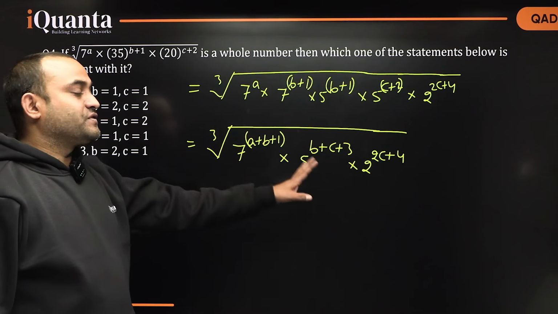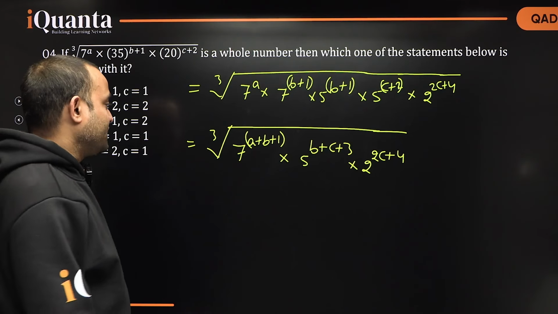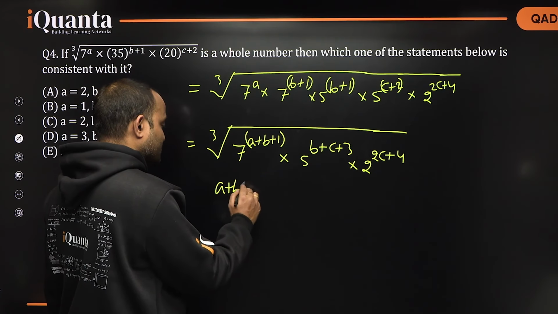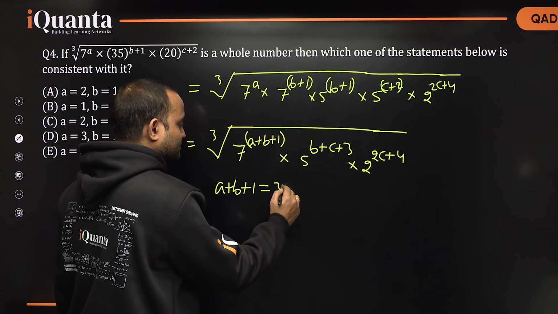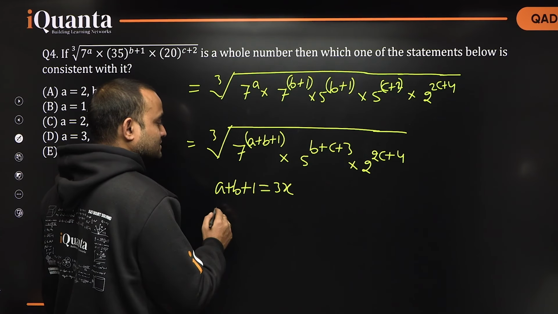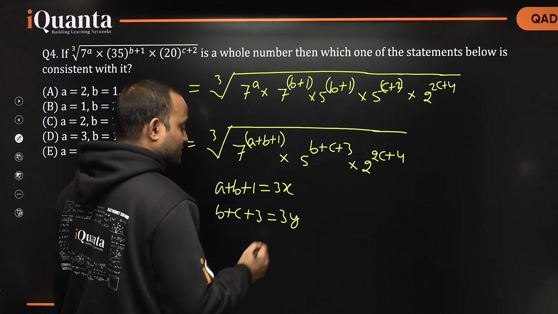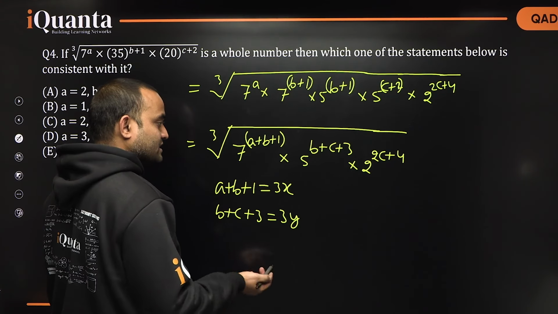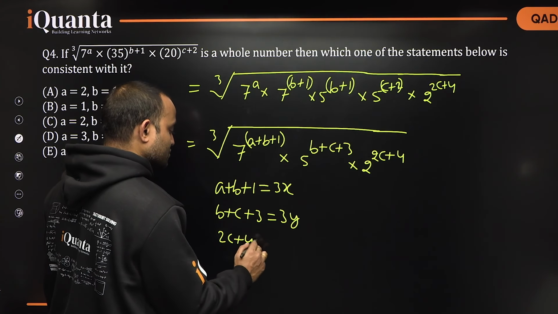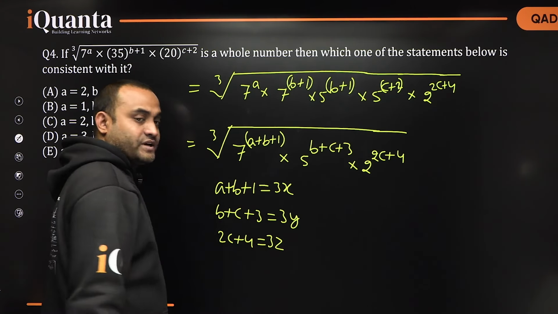So the cube root of this is a whole number. What does that mean? It means A plus B plus 1 should be a multiple of 3, something like 3x. Then B plus C plus 3 should also be a multiple of 3, and 2C plus 4 should also be a multiple of 3.